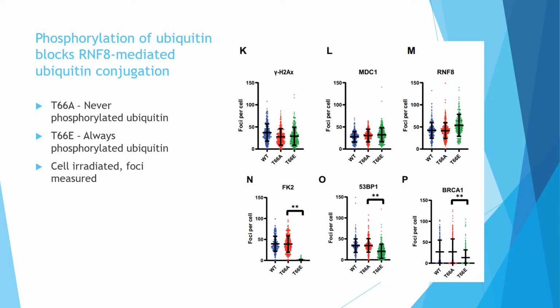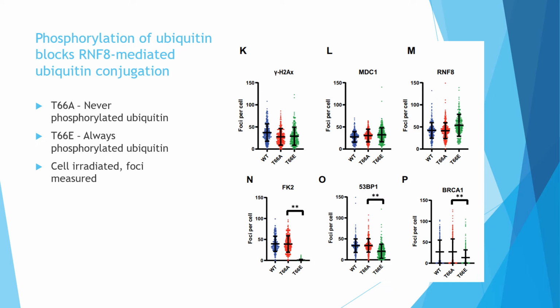They engineered T66A, which basically never had phosphorylated ubiquitin. They altered the amino acid that was typically phosphorylated so that it could never be phosphorylated, even with low substrate stiffness. And then they also engineered T66E, which had ubiquitin with an amino acid change to basically always appear phosphorylated, no matter what.